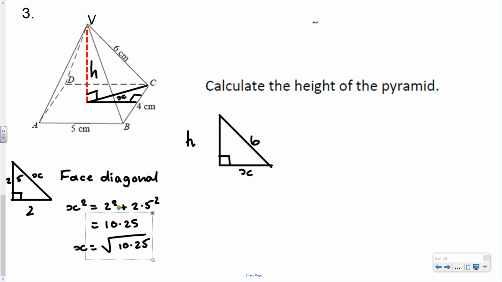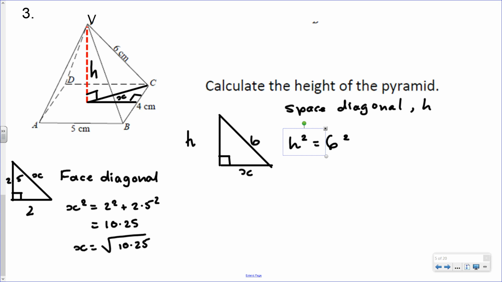Over here then, I now know the value of x. So I'm now ready to find out that space diagonal, that vertical height h. I can see this time that h is in fact a shorter side. So I'm going to now do Pythagoras, but I want to do a subtraction sum. So it's 6 squared minus the square root of 10.25 squared.